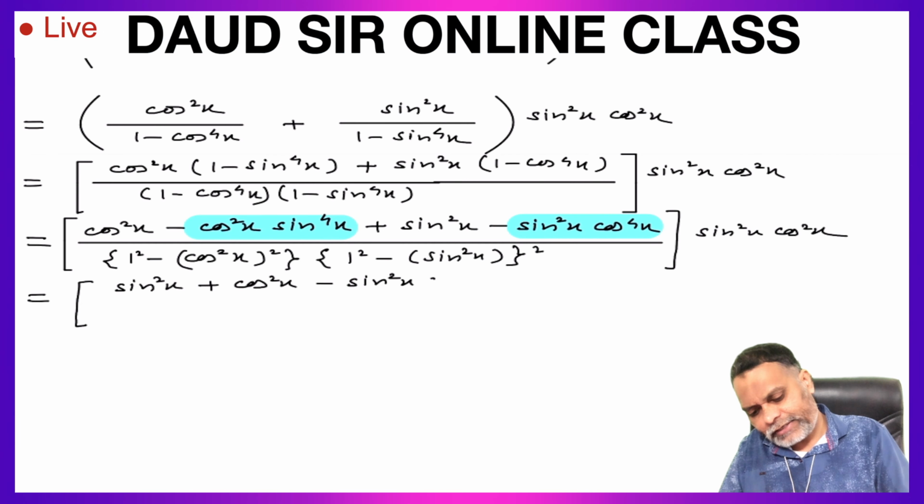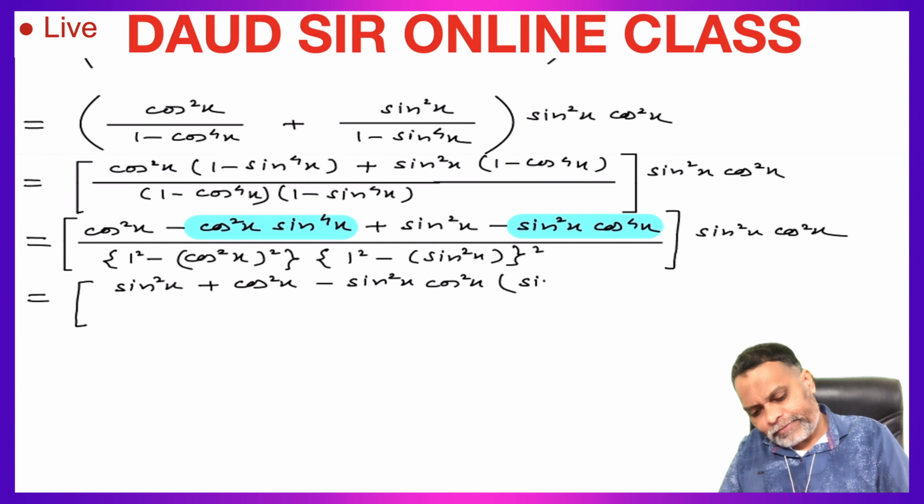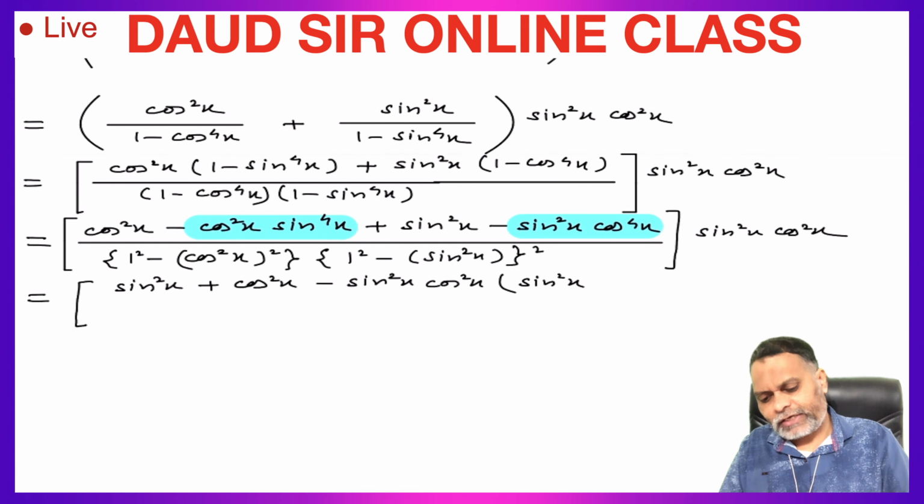So here sine square x is left, when we multiply then sine raised to 4x cos square x, minus, from here sine square x common, cos square x common, so plus cos square x is left.